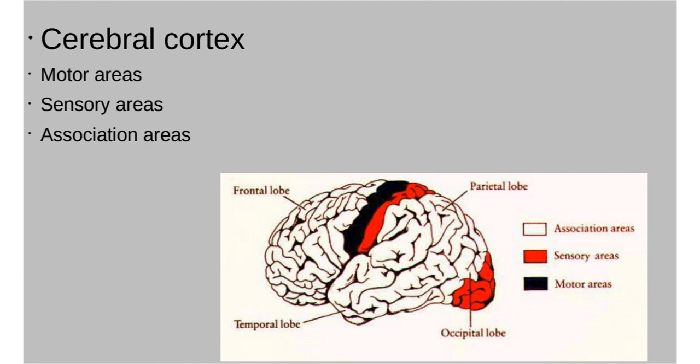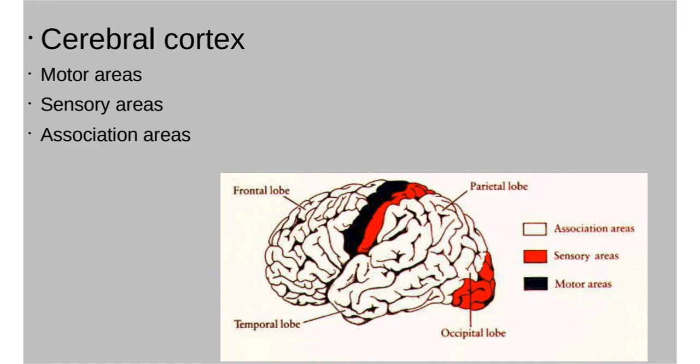And when we're talking about the cerebral cortex, different parts of it are going to have different functions. Well, some of the cerebral cortex is devoted to what we call the motor area. And in your picture here, the motor area is this black region right here.